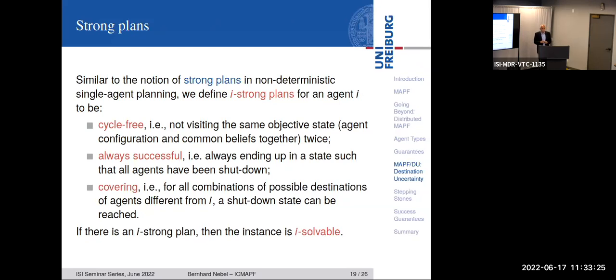They are always successful. That is, when you reach the leaves, all agents have shut down and they are covering. That means all the combinations of possible destinations have been covered in all the branches. And if there is an I-strong plan, then we call this instance I-solvable.